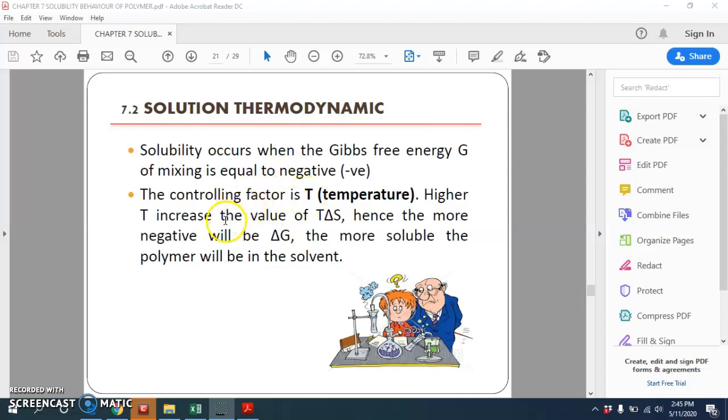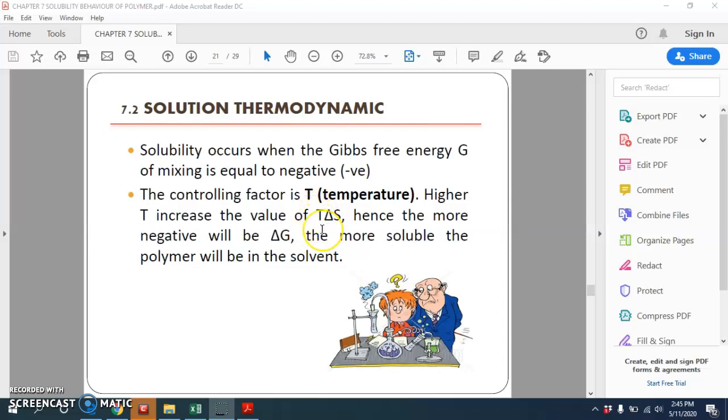Higher T will increase the value of temperature and the change of temperature and entropy of mixing. Hence, the more negative will be the change in Gibbs free energy, so the more soluble the polymer will be in the solvent.